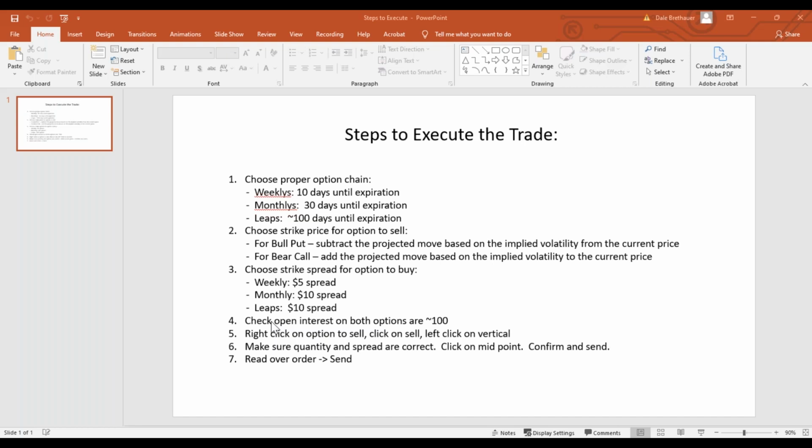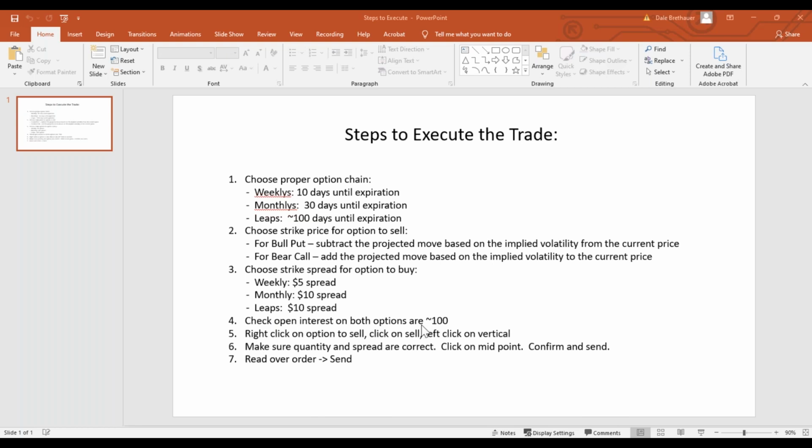I like them because they give very nice credits. So I was okay with going in with an open interest of about 50. These can sometimes vary, but what this is basically saying is you've got enough people in there that if you want to get out, you've got some liquidity, you've got some people in there that will probably buy that option back from you, buy the vertical back from you.